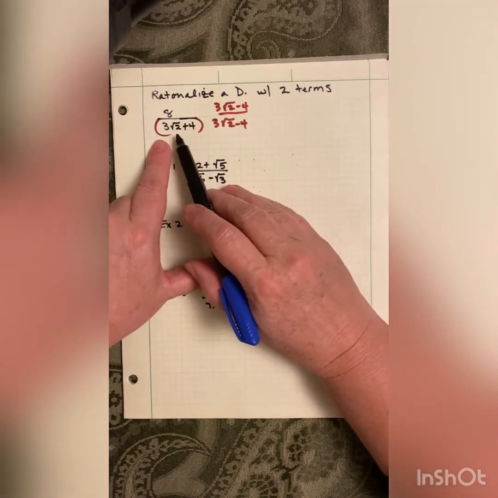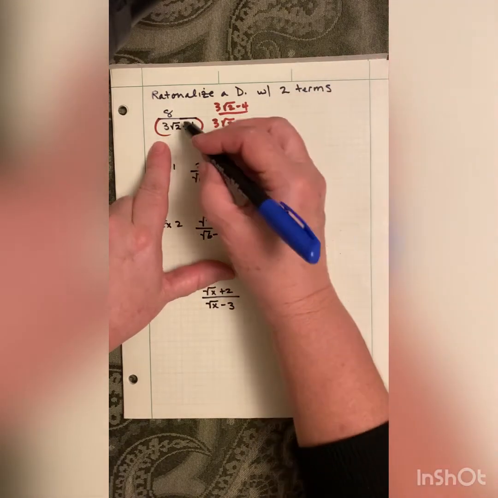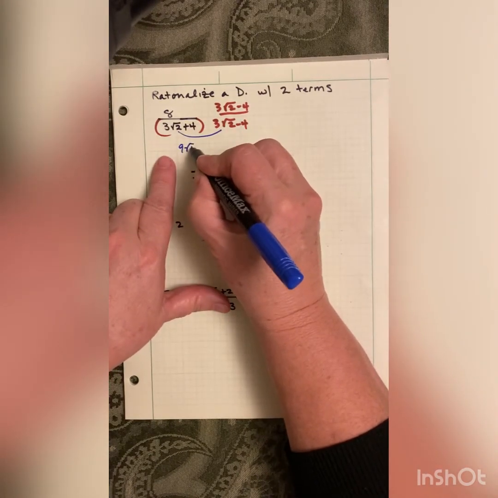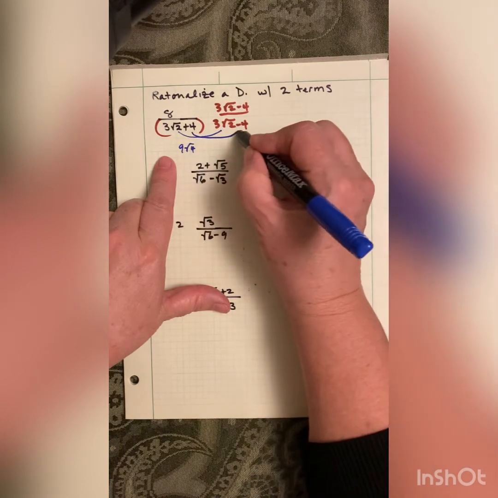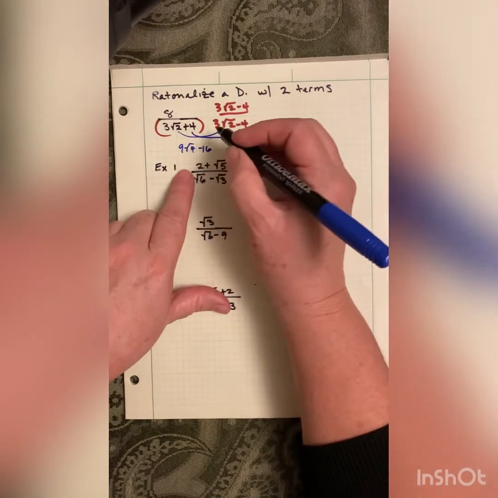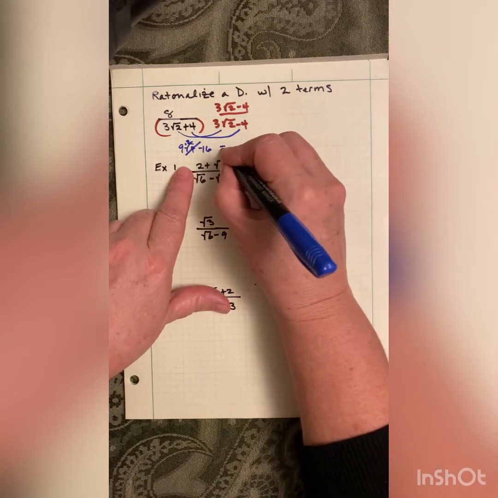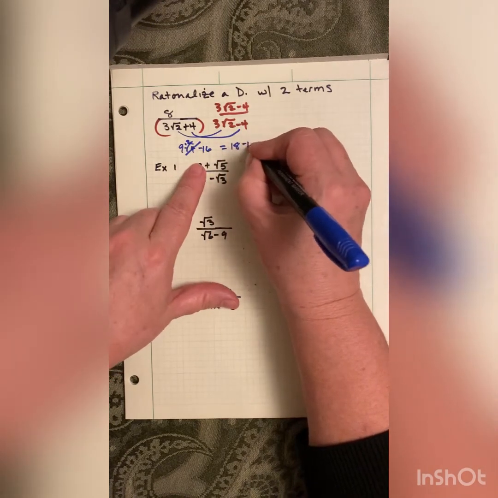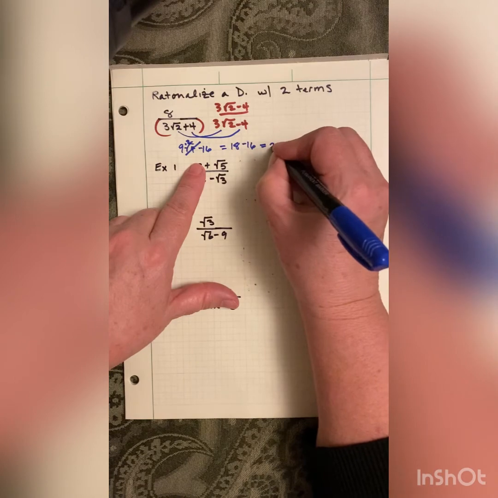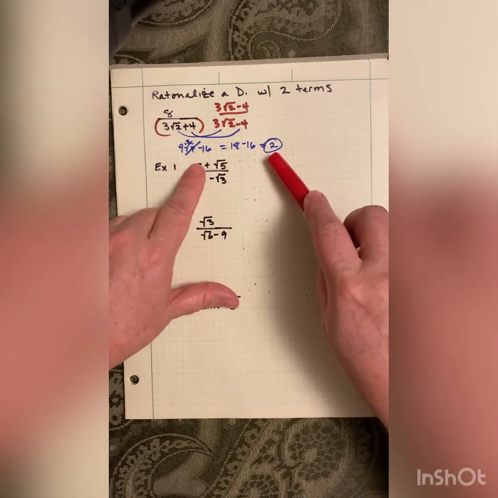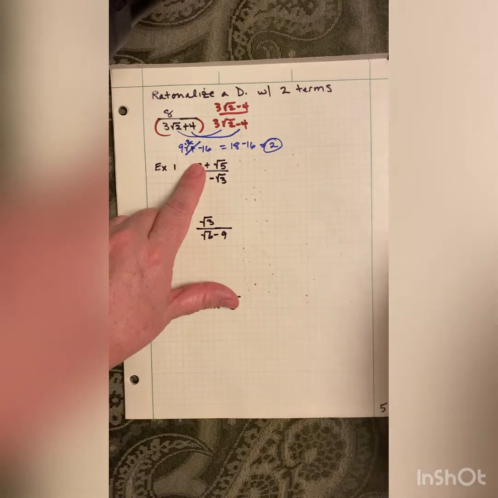I know my middle term's going to go away, so I'm not even going to try to find it. That'll give me 9 square root of 4 minus 16. Square root of 4 is 2, so 9 times 2 is 18, minus the 16, so that equals 2. Keep track of this: that 2 needs to end up in the denominator.